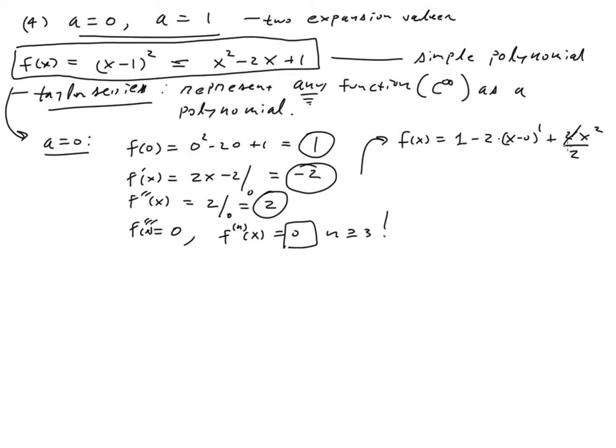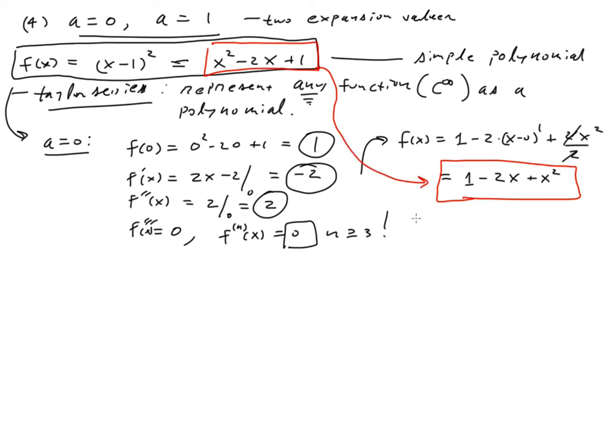Of course, those cancel. And what we end up with is 1 minus 2x plus x squared. Note that the Taylor series calculation, all of the work we just did, proved exactly what we already knew.